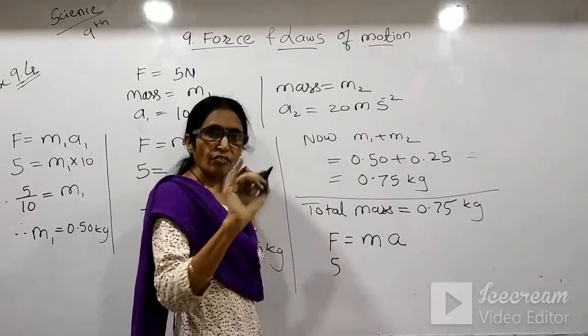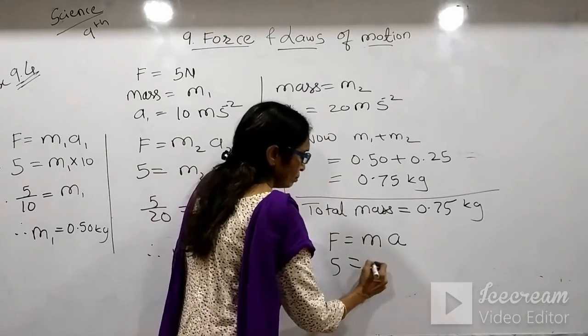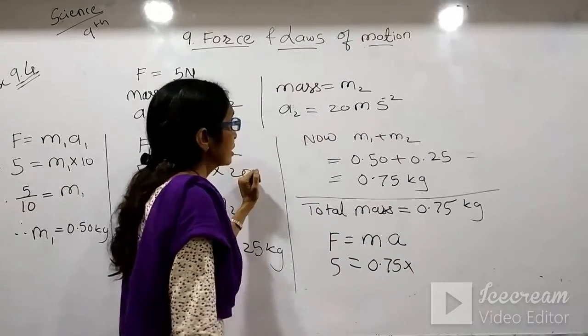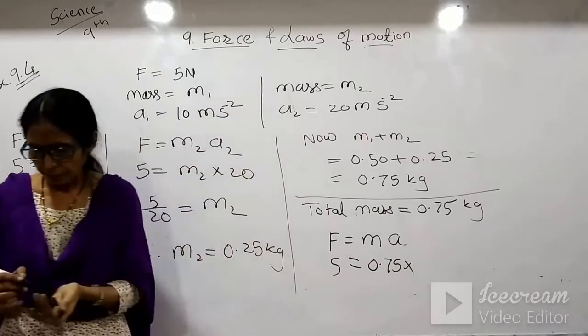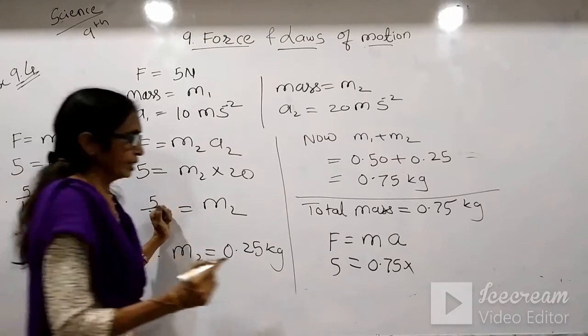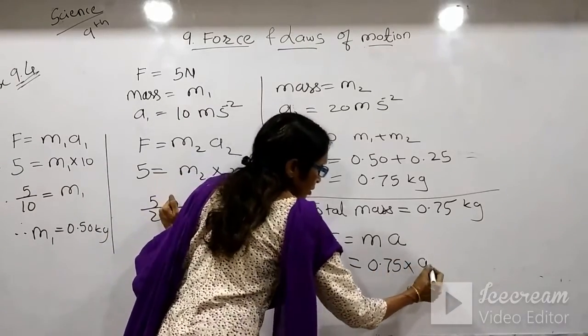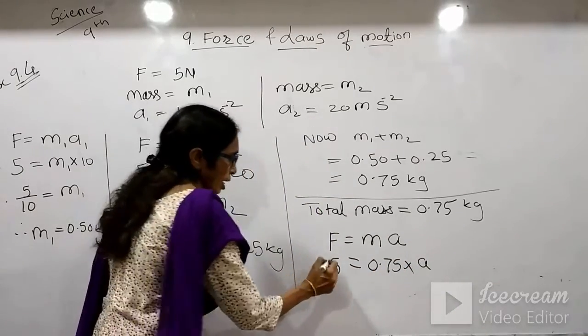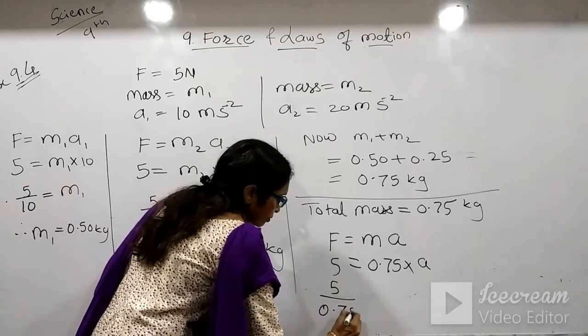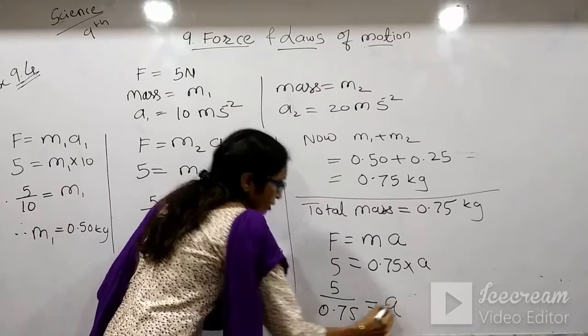It's fixed, 5 Newton. What is m? 0.75. And we have to find the acceleration. Now 5 upon 0.75 is equal to a.